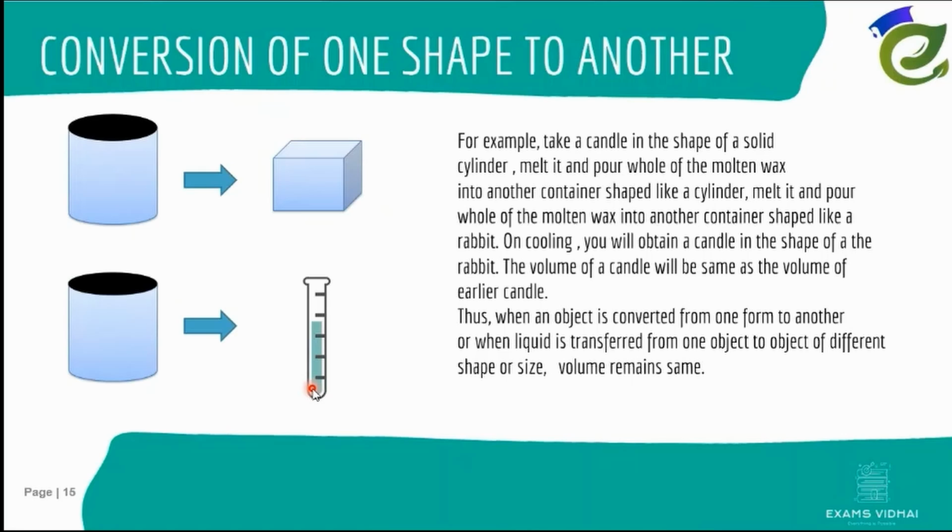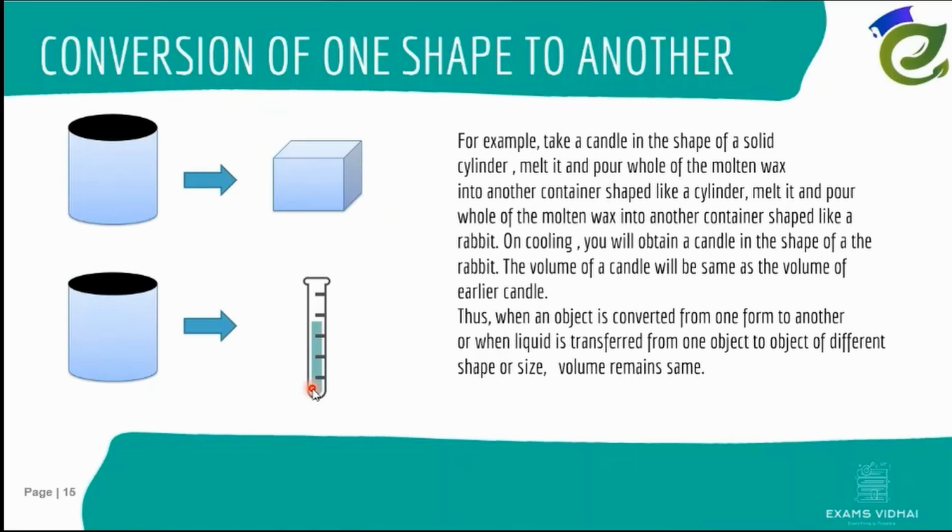But note that the surface area of the object changes because the object is changing. So these are the main conclusions which you should take from this concept of conversion of one shape to another, or one form to another.